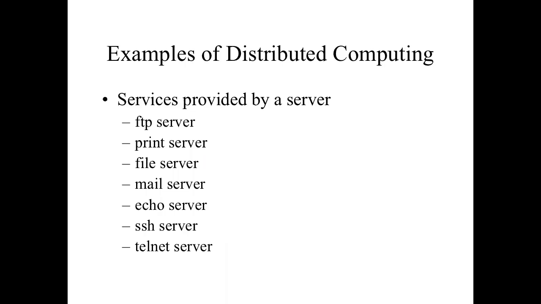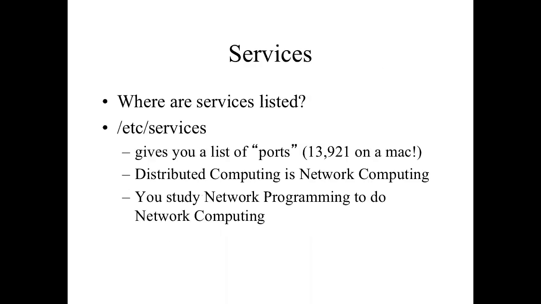And the layers help you to identify where the services are for various kinds of, I'll call them killer apps like Telnet and mail and printing and FTP, which is file transfer protocol. All these different sort of things we expect as services from the network. And we can find that list of services in /etc/services, and each one of the services has a port, and there's 14,000 of them on my Mac.